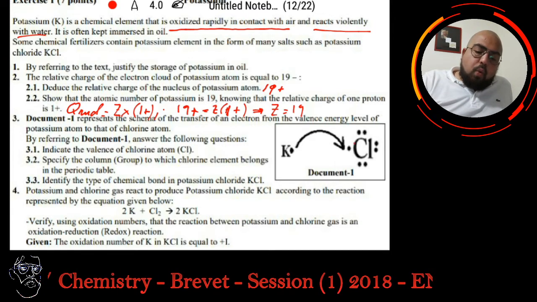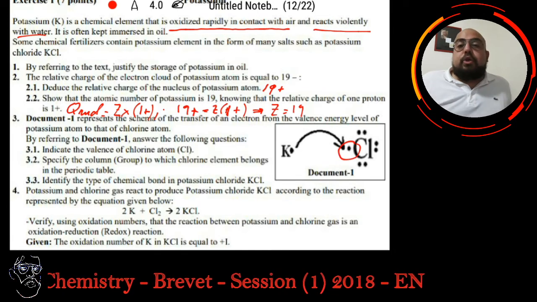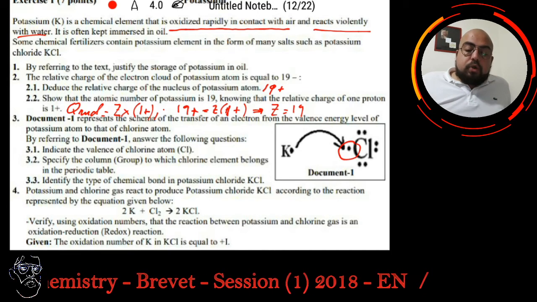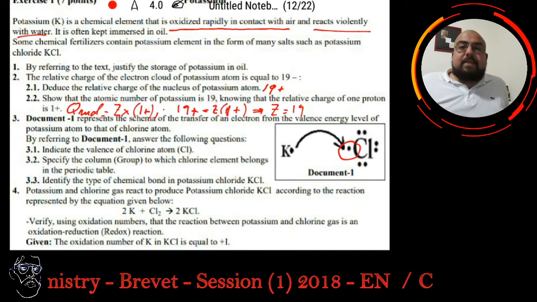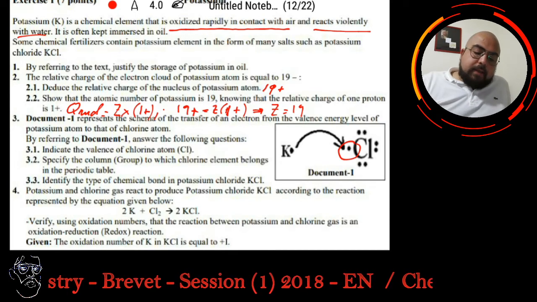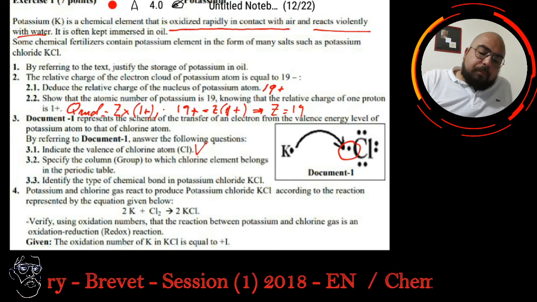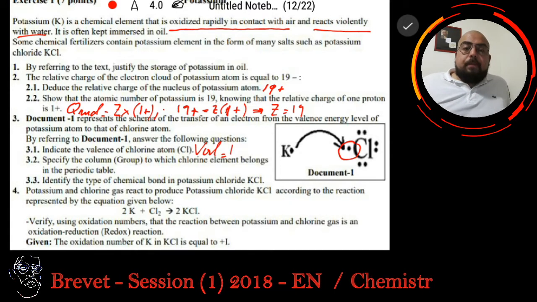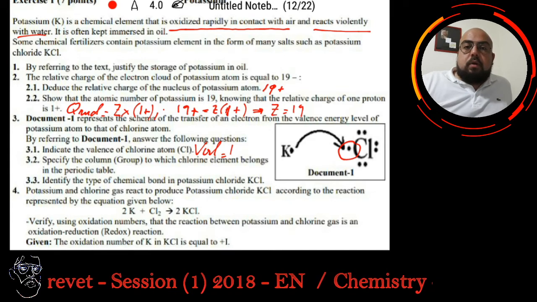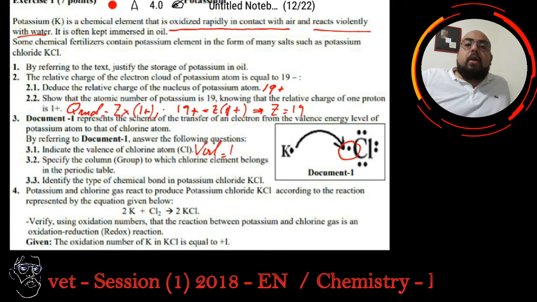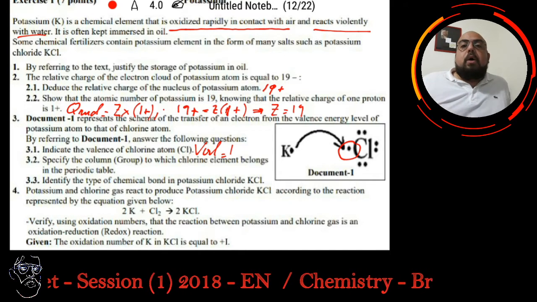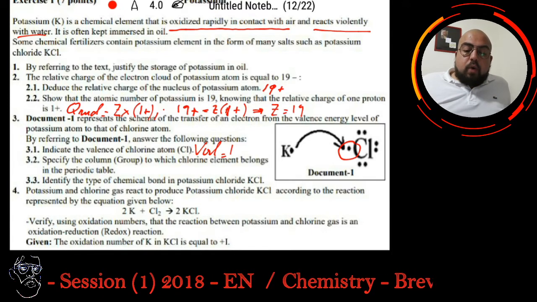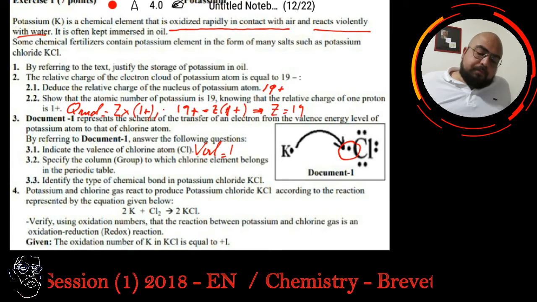It has one single electron. So I can say that the valence will be equal to 1. You have one electron which can be shared, or it can be lost, or you need to gain one electron in order to obey the octet rule. So that's why the valence is 1.